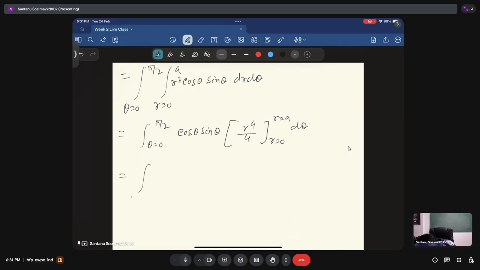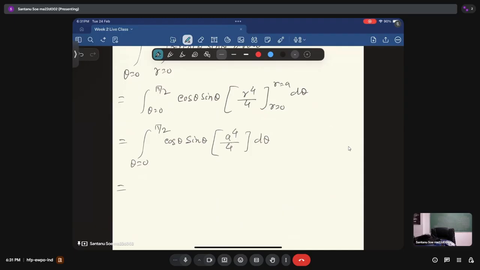So this will be the integral from theta equals 0 to pi by 2 of cos theta sin theta times a to the power 4 divided by 4 d theta, correct?